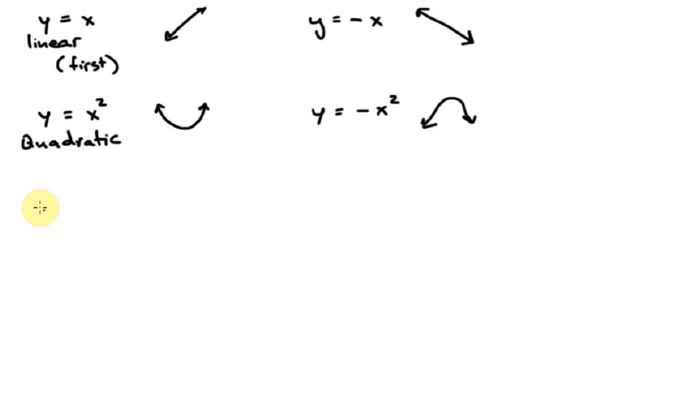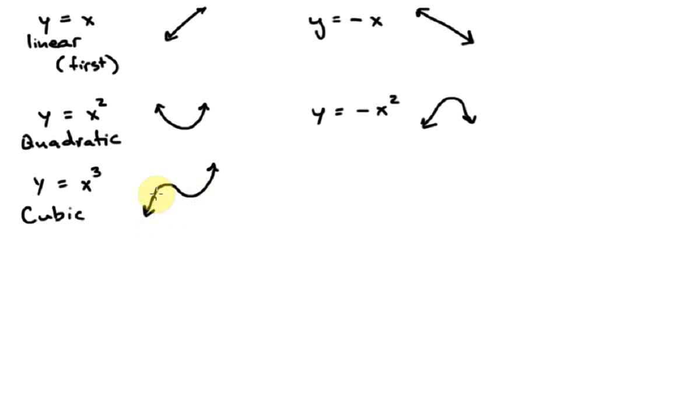Now, let's move to the new ones here. How about x cubed? By the way, this is called cubic, or third degree. And just like we took the left side here and put a bend up, take the left corner here and make a bend down. So you get a basic graph that looks like this.